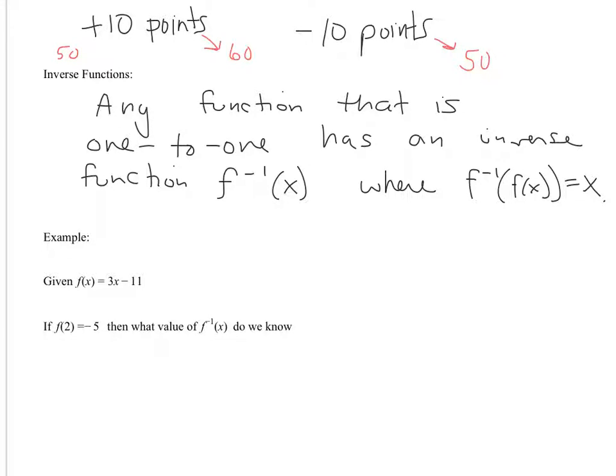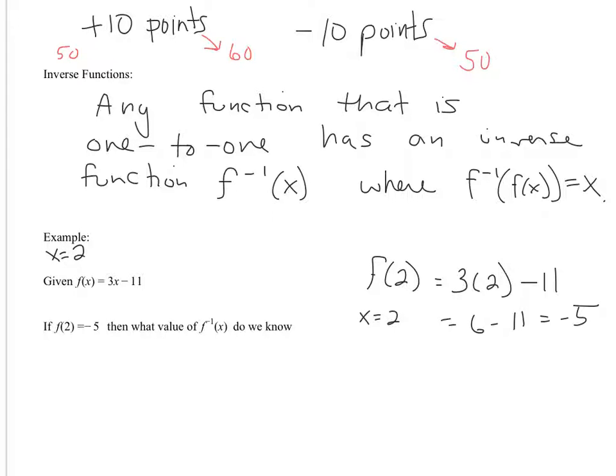In this problem we have a function 3x minus 11. It says f of 2 equals negative 5. Remember, f of 2 just means x equals 2, so I'll show you how we got that. It's 3 times 2 minus 11, which is 6 minus 11, which is negative 5. So we started with x equal to 2, plugged it into this function, and got out negative 5.